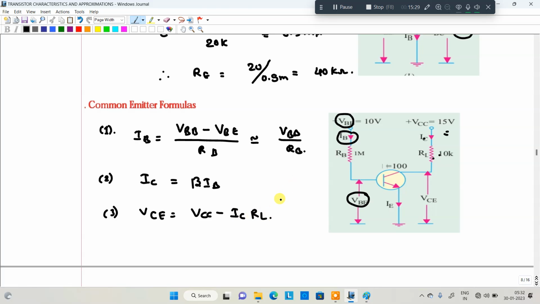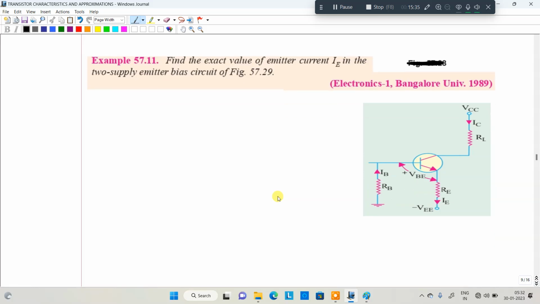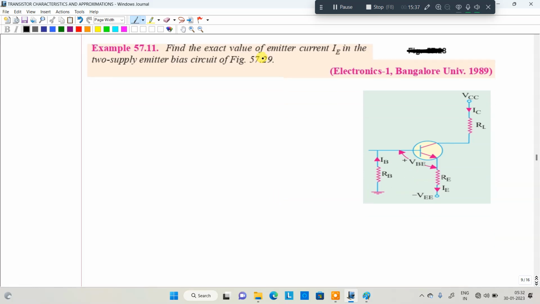With the help of those formulas, we are going to study the next problem. The problem here: find the exact values of emitter current IE in the two supply emitter bias shown in the figure. How many supplies? Two supplies. What they are asking is the IE current, the emitter current.